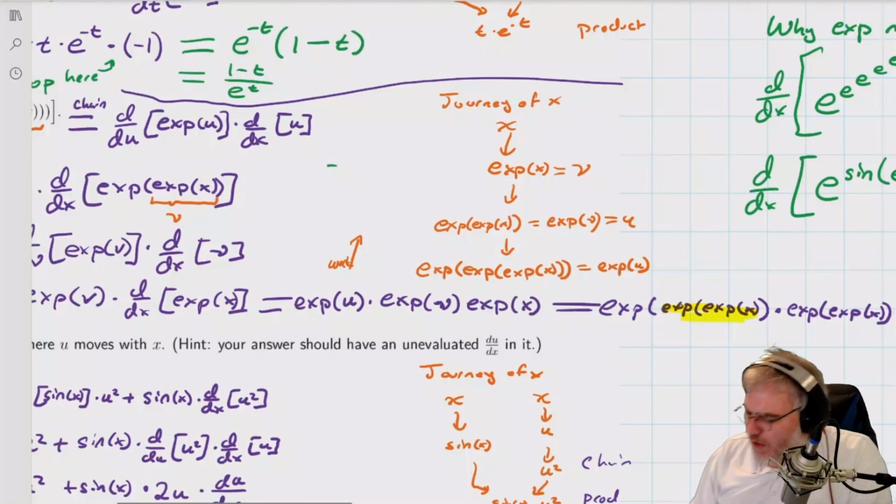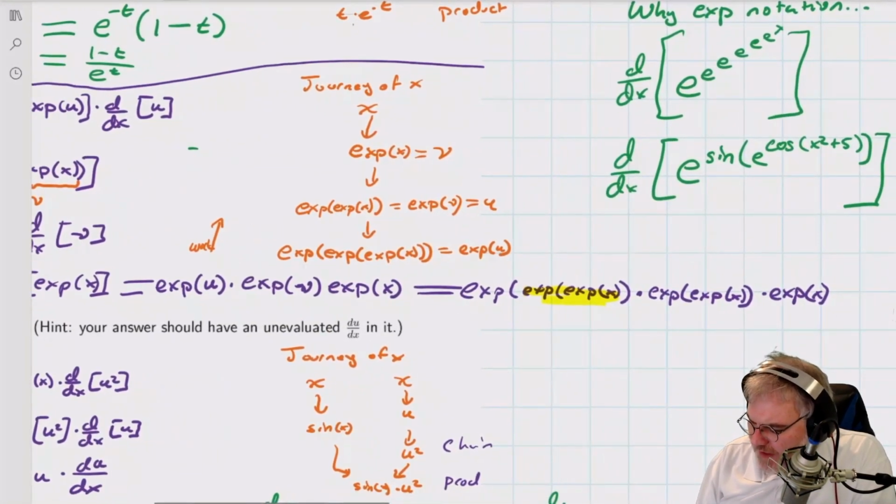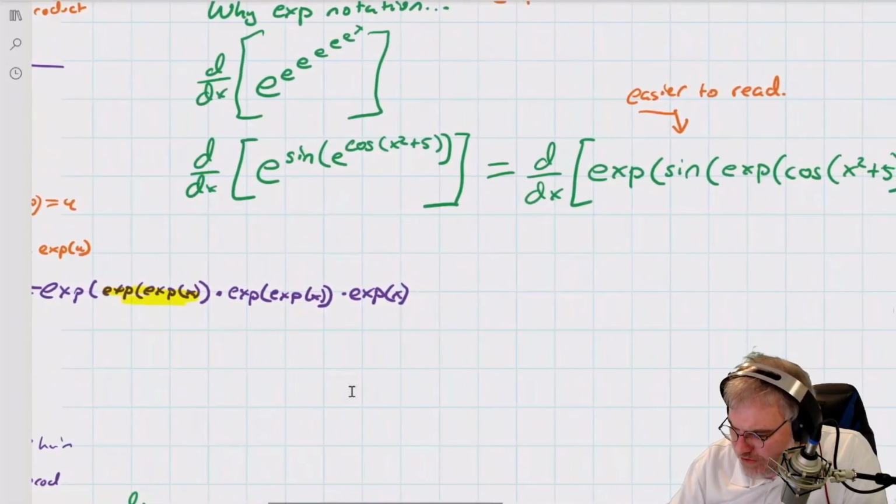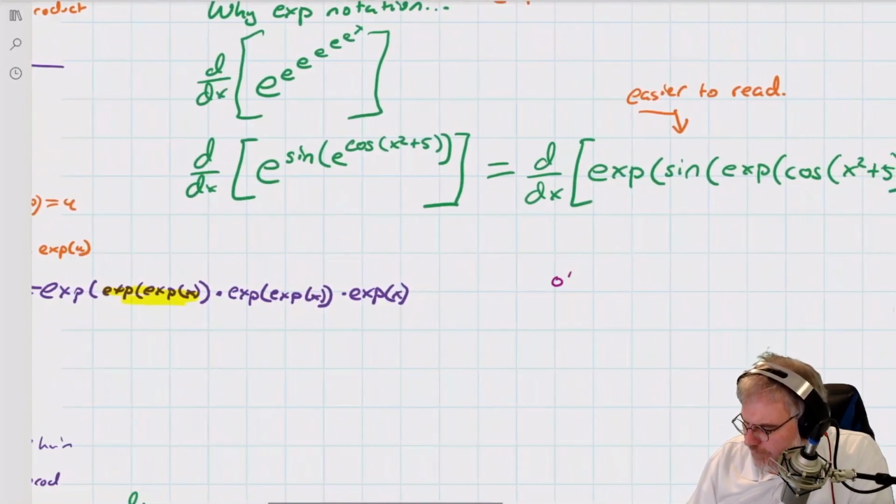And then I sub in all my old stuff again, right? Once I'm done taking the derivative, I get exp of exp of exp of x times exp of x times exp of x. And if you did it using the other notation, you would have wound up with e to the x times e to the x.